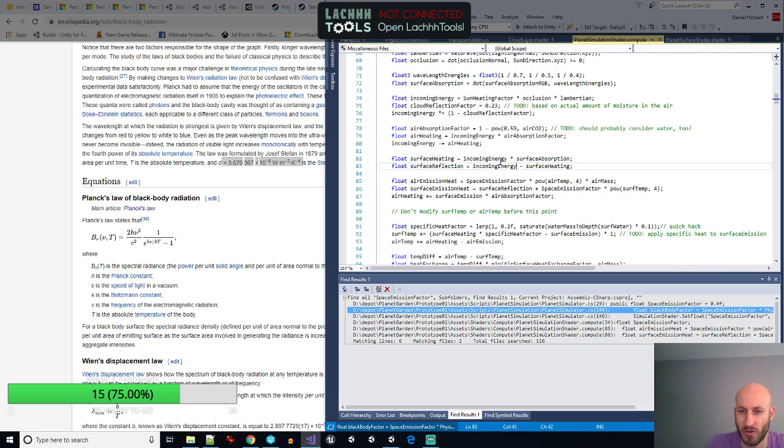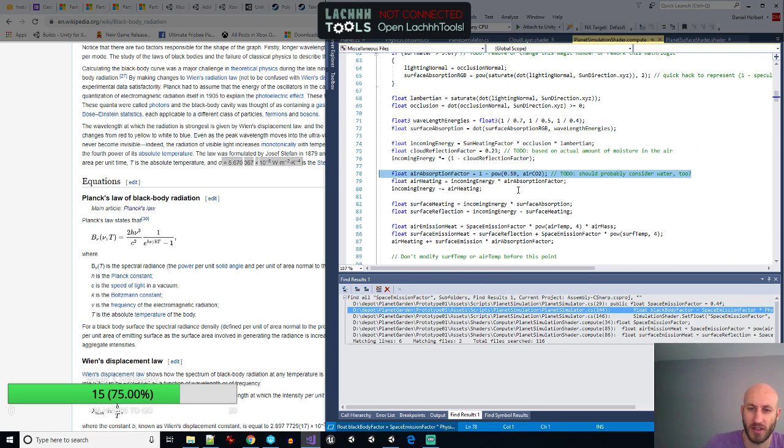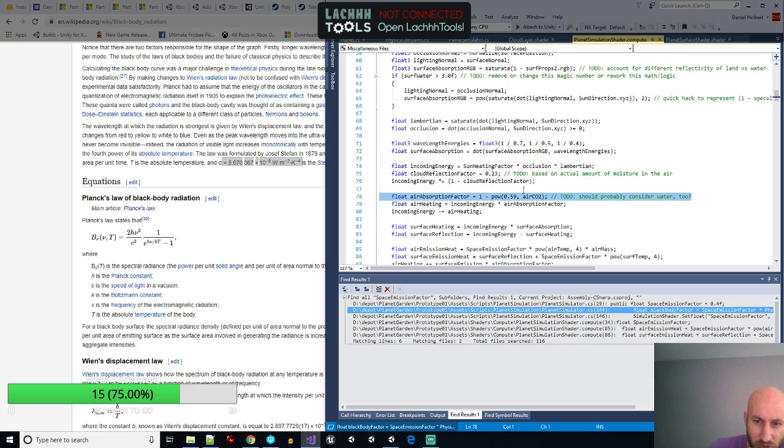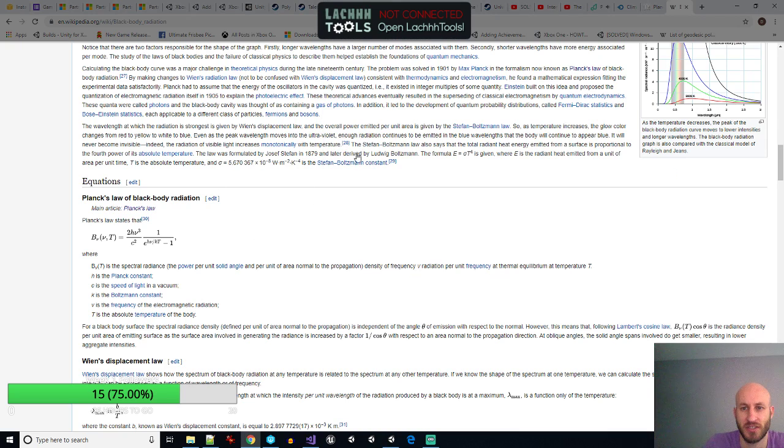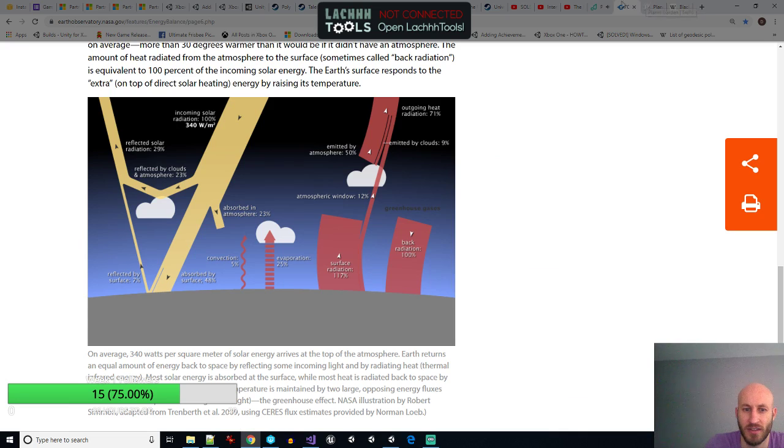And so I have that here. I also did some stuff here to tweak the greenhouse gas absorption from CO2 to be a little more realistic. I added in some reflection of the clouds based on that NASA diagram here, right? That actually it's 29%, or no, sorry, 23%.